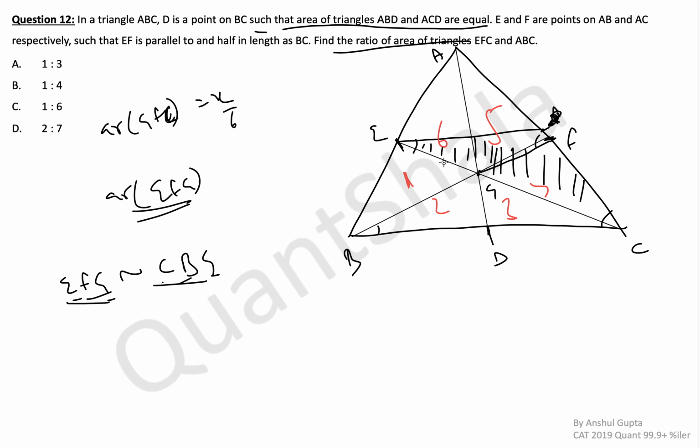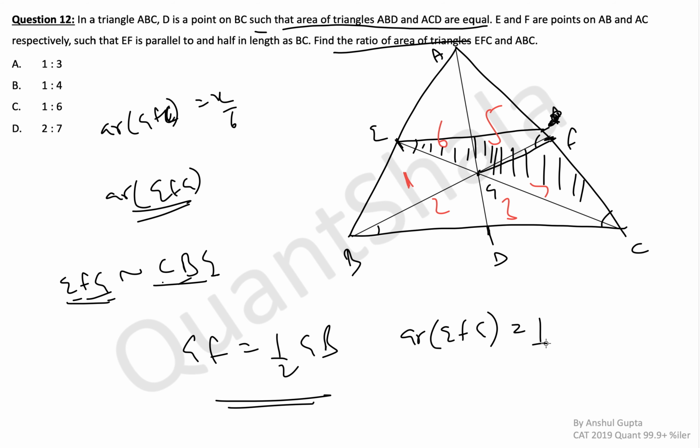So these two triangles are similar, and EF is half of BC. That means GF is half of GB. That means the area of triangle EFG is 1/4 the area of BCG, this entire triangle.